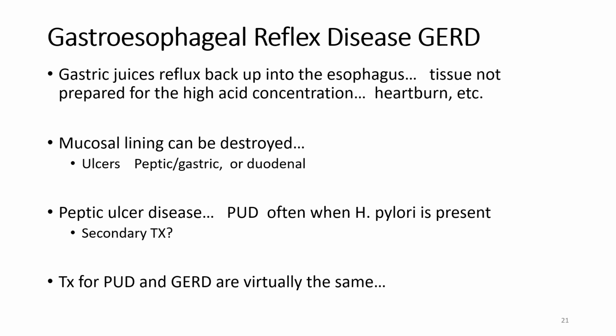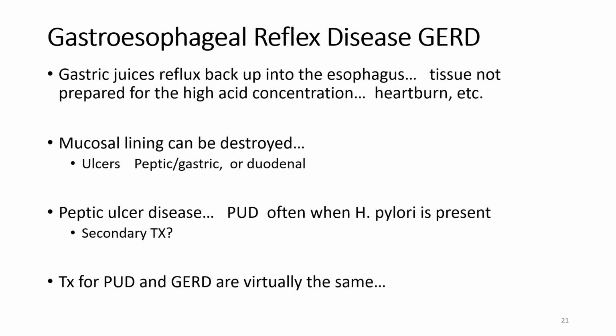Now, peptic ulcer disease can also be caused by a bacteria. It's called Helicobacter pylori. We just typically call it H. pylori. Okay, so it's a bacteria in the stomach that can cause ulcers.